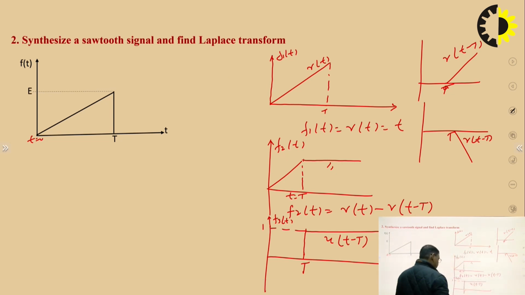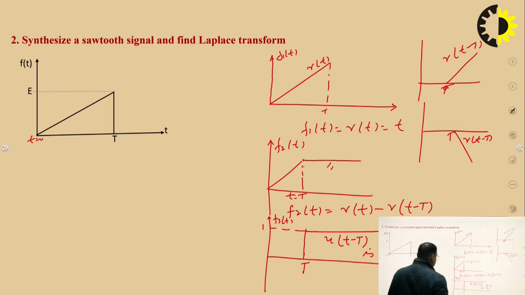Take another shifted unit step. This is 1 for t greater than T, and this portion is 0. So if we deduct these portions, we have to subtract this portion of the waveshape.